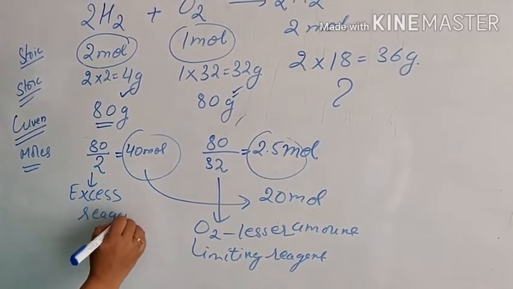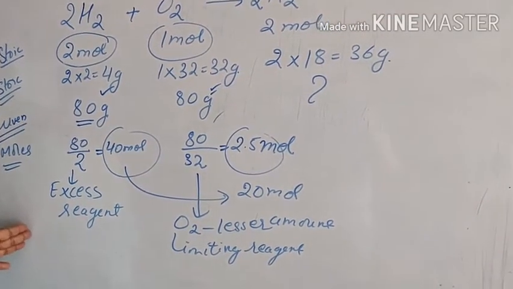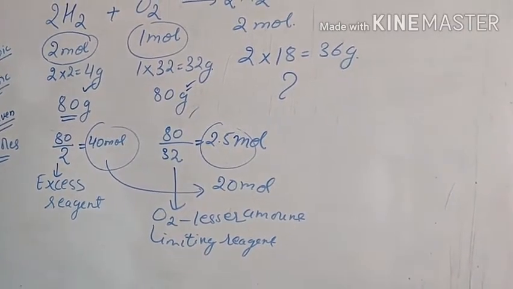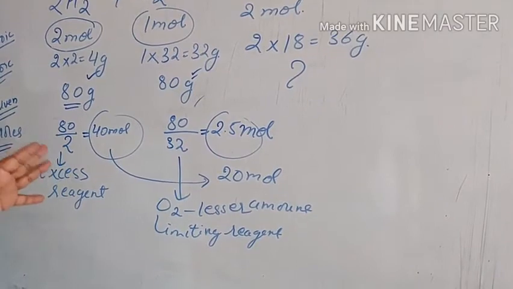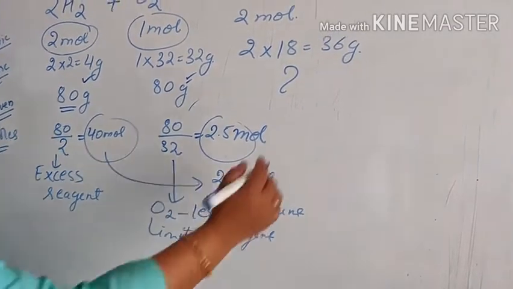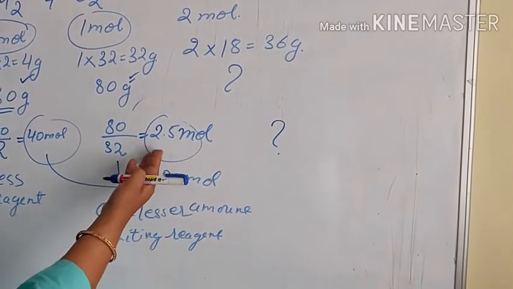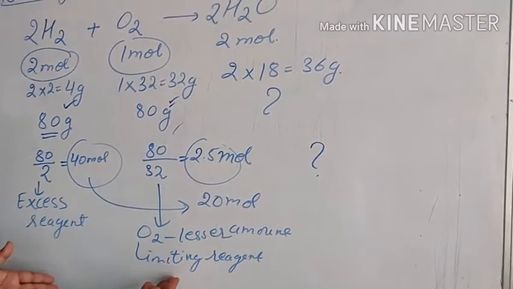And it will be left over in the reaction mixture since it is present in excess amount. So now we can easily calculate the amount of water. The amount of water formed in the reaction will be decided by the limiting reagent. And in this case, the limiting reagent is oxygen.